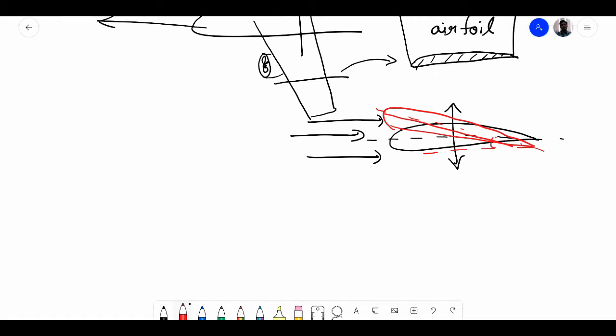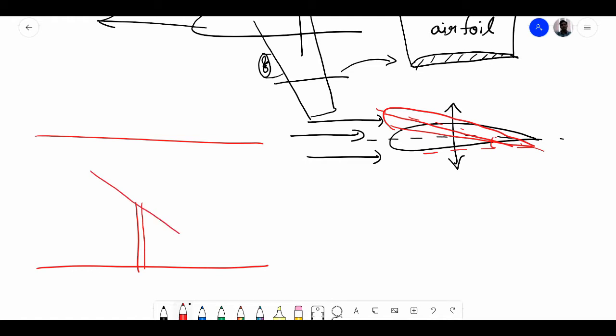One direct way is to build such a big wing and then do experiments with it. So have a large wing like this, put it in a wind tunnel where you can control the amount of flow of air. Put the wing like this.